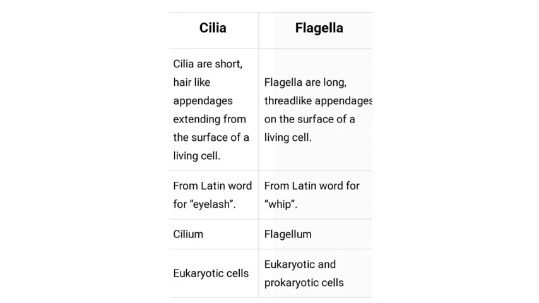Their Latin words are also written there: cilium is the singular of cilia and flagellum is the singular of flagella. While cilia are in eukaryotic cells, flagella can be in both eukaryotes and prokaryotes. But we have done the eukaryotic flagella in detail.